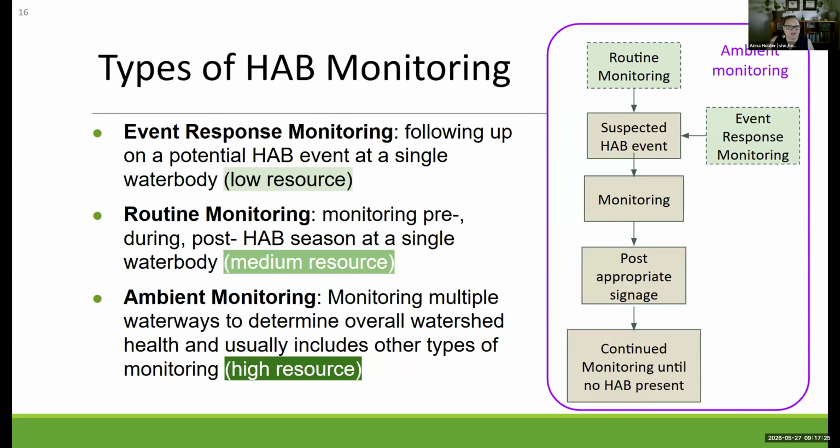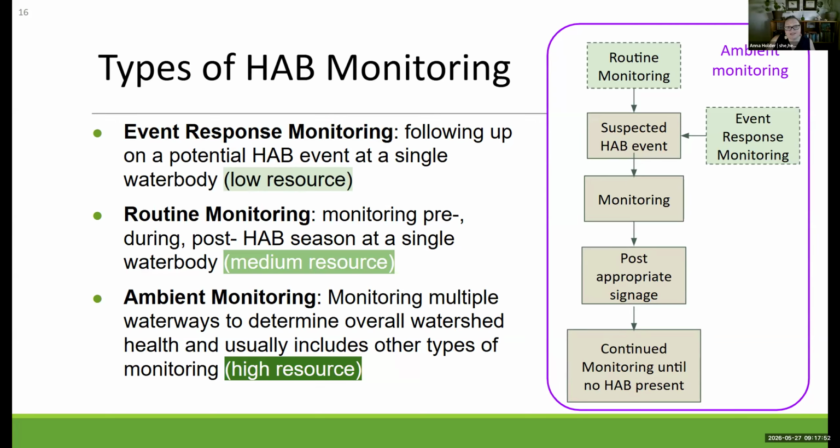Once your monitoring questions and goals are established, then you get to think about the fun stuff, the monitoring. We think about HAB monitoring in a couple of different buckets. The HAB program distinguishes these by resource intensity in terms of both how many people you have, your field staff, and then also sample and analysis costs.